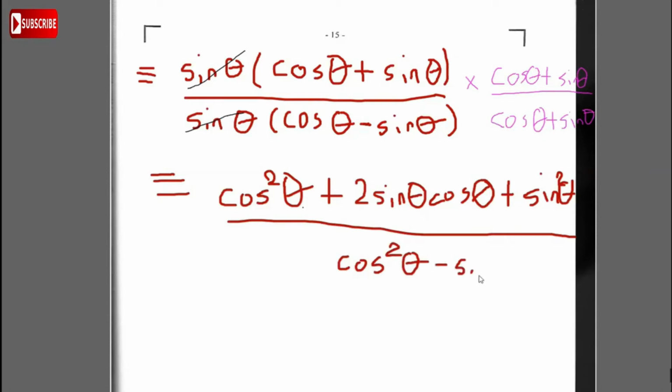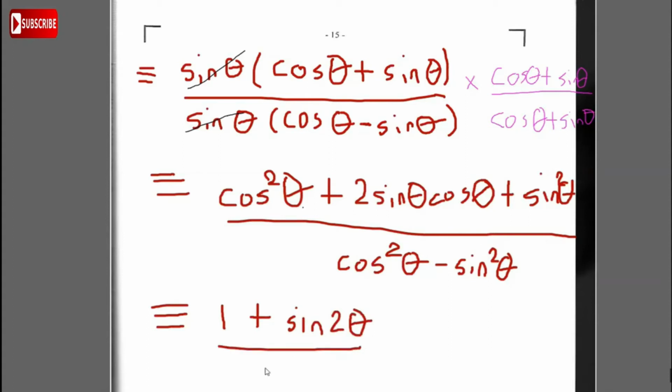So now we're good. Now what we notice is that cos square plus sine square is equal to 1. Then 2 sine theta cos theta is sine 2 theta. And cos square minus sine square is cos 2 theta.